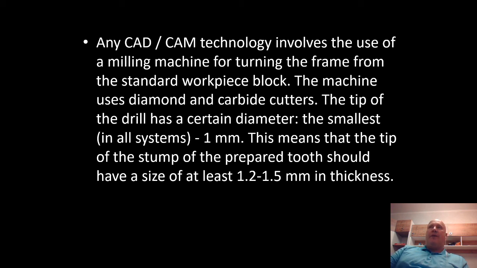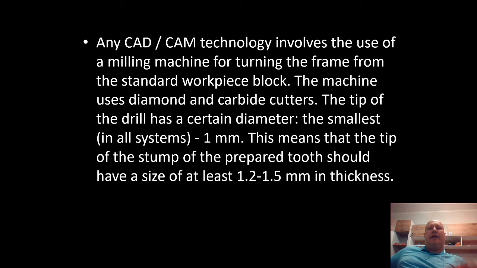Any CAD-CAM technology involves the use of a milling machine for turning the frame from the standard workpiece block. The machine uses diamond and carbide cutters. The tip of the drill has a certain diameter, the smallest in all systems, about 1 mm.